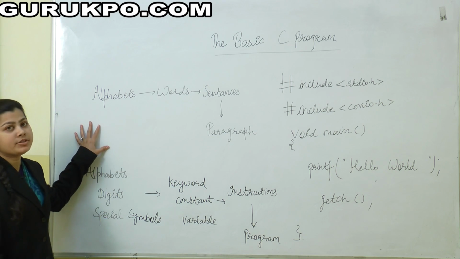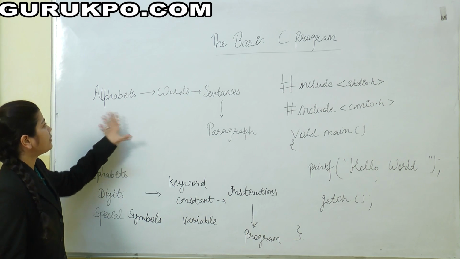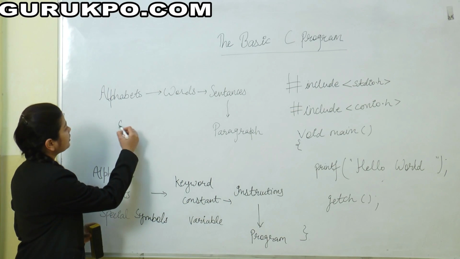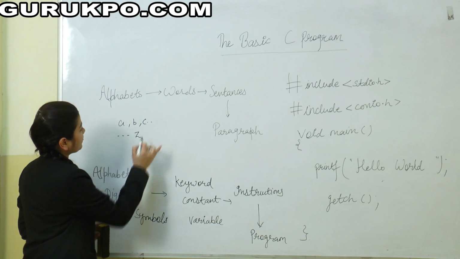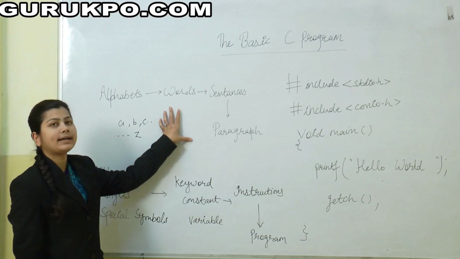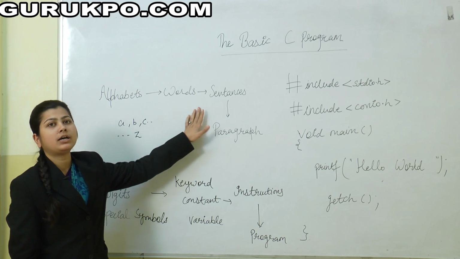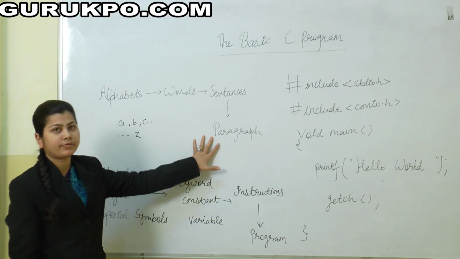In our general language, we use alphabets. The combination of alphabets forms a word. For example, in English, the combination of alphabets forms words, the combination of words forms sentences, and the combination of sentences makes a paragraph.